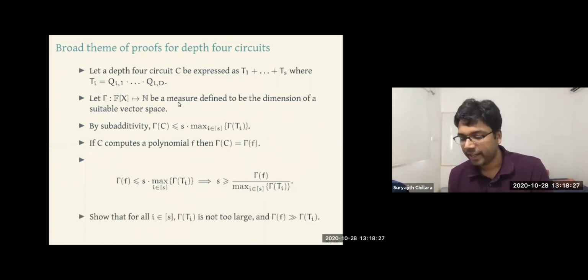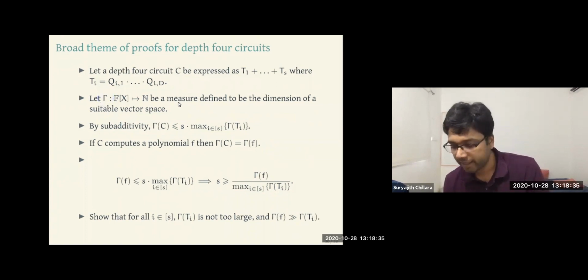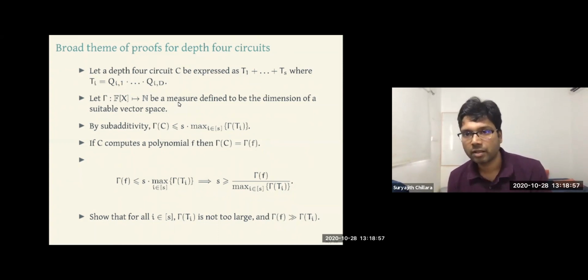The entire onus of proving this result is about defining this complexity measure and then showing that the complexity measure for the product of polynomials, this term Q and this term Ti, is not too large. At the same time, there exists an explicit polynomial f such that the measure for the polynomial is much larger than the measure for this product of polynomials. So this is a snapshot of the argument for depth-4 circuits. However big the difference is, that gives you what S is.